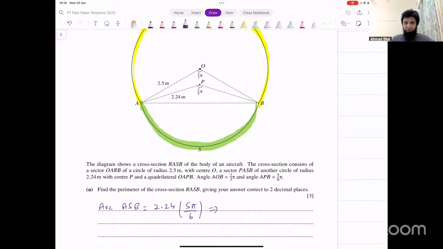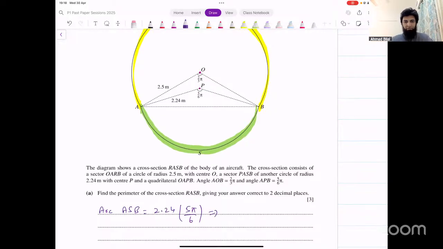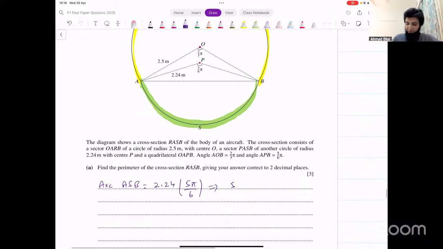What do we get from this? 5.864. That's the result that we get for this arc, the green one.